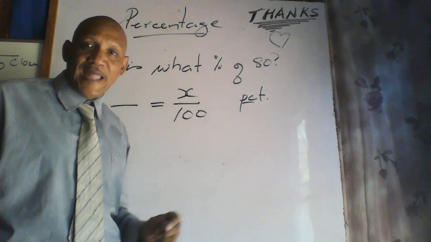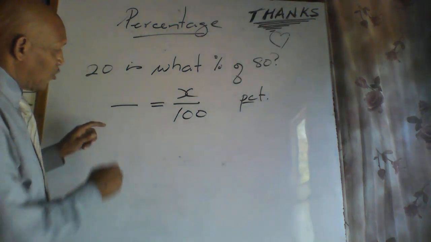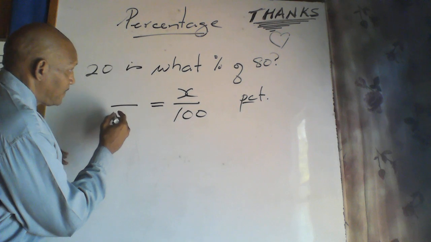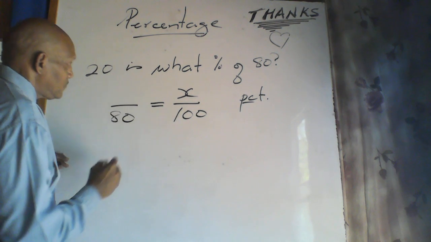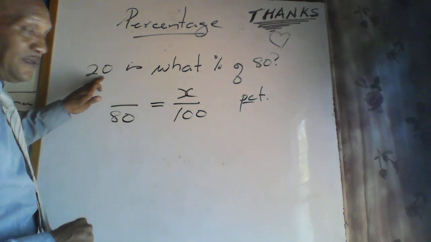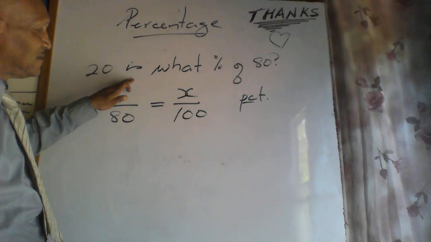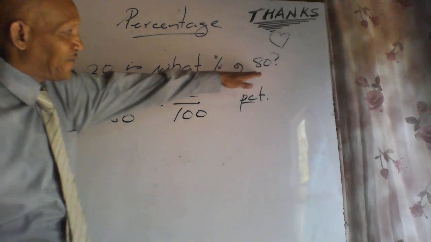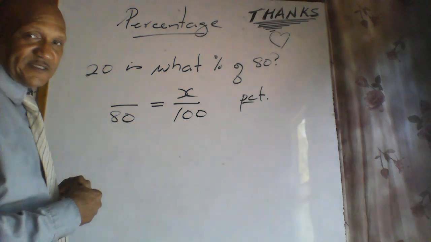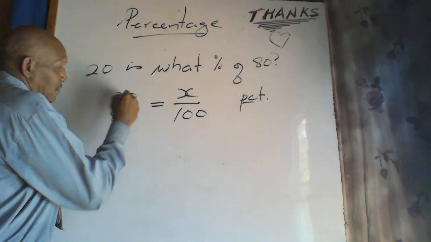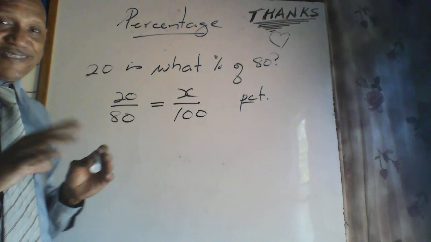So I trust that rule. So the whole goes at the bottom. And 20 is what percent of 80? So 20 is the part. That's how you set it up.